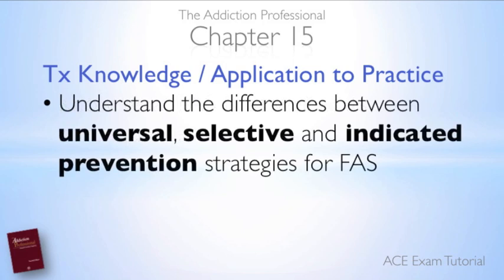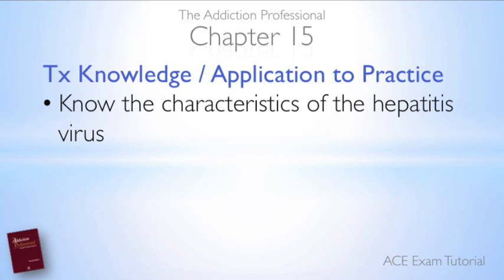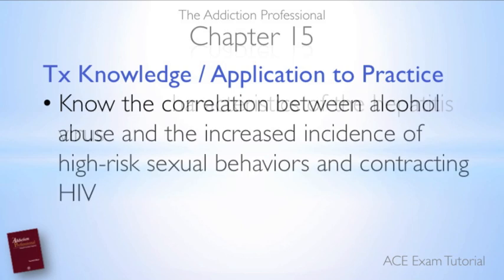Understand the differences between universal, selective, and indicated prevention strategies for FAS. Know the characteristics of the hepatitis virus. And know and understand the correlation between alcohol abuse and the increased incidence of high-risk sexual behaviors and contracting HIV.